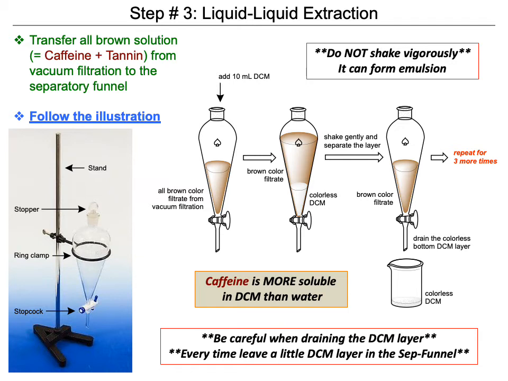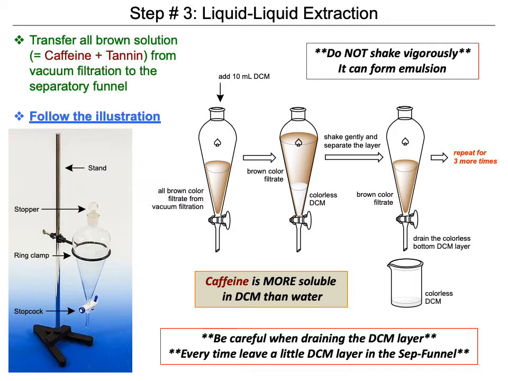For that, we have 4 steps. We are going to add DCM and then shake for some amount of time. After that, we put the funnel on top of the ring and wait for a few minutes, and we see that the DCM phase and the water phase separate.